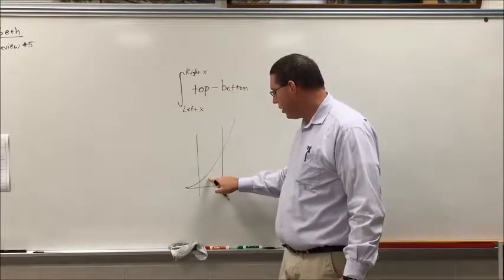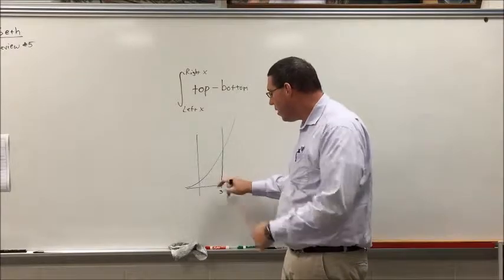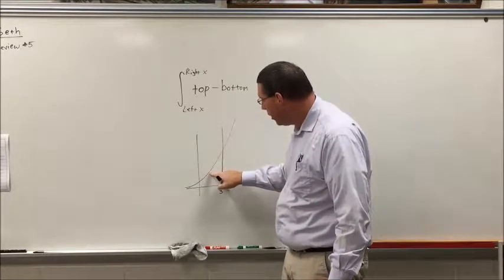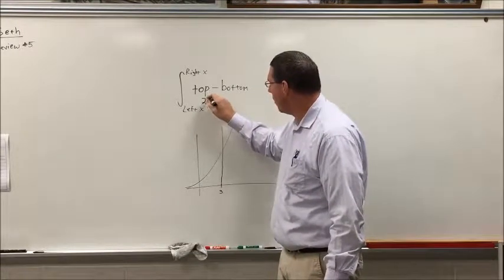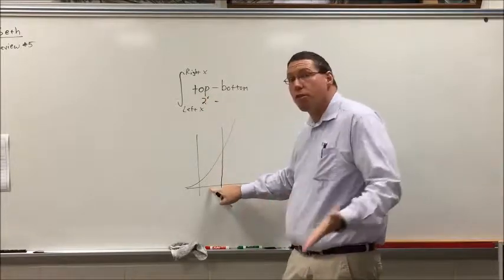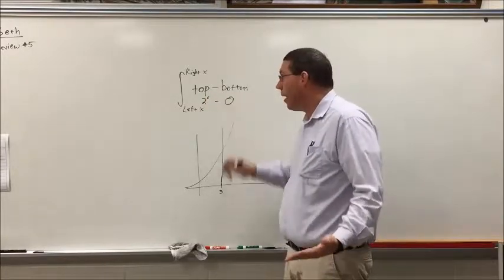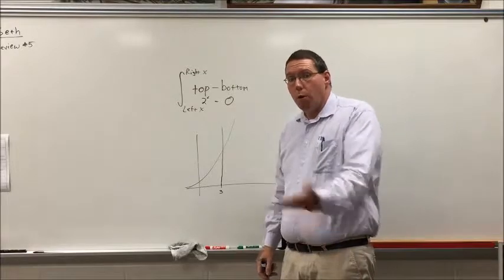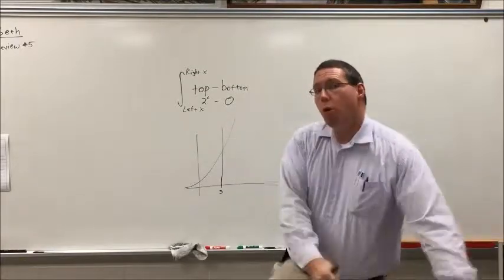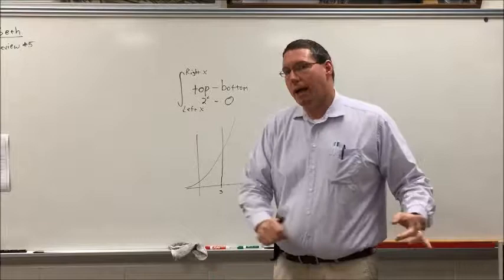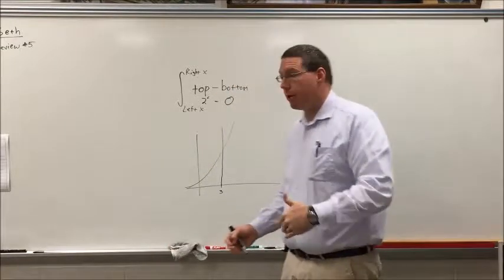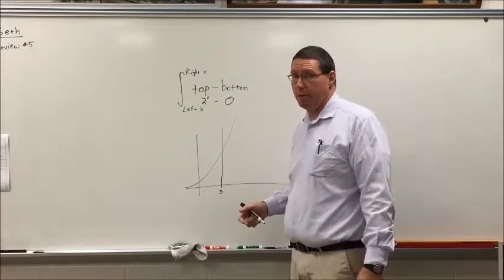Once you have the region, you can see that the top function is 2 to the x power. But the bottom function is the x-axis. That's just y equals 0. So where people thought this problem was more difficult, it's actually less difficult because it only has one function you have to deal with.